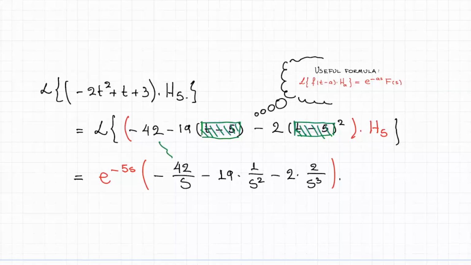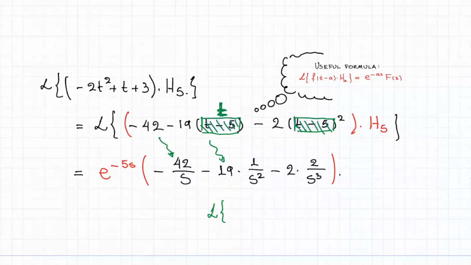So minus 42 becomes minus 42 over s. Minus 19t, this is my t again. Let's call it boldface t, or green t, is minus 19 times 1 over s squared. Why? Because the Laplace of my green t is 1 over s squared. You need to go back to the table, of course, and check.